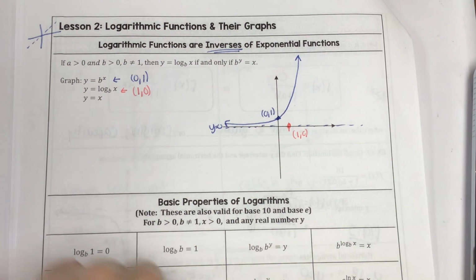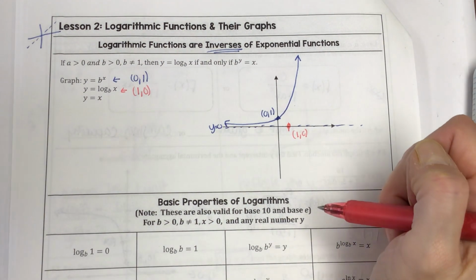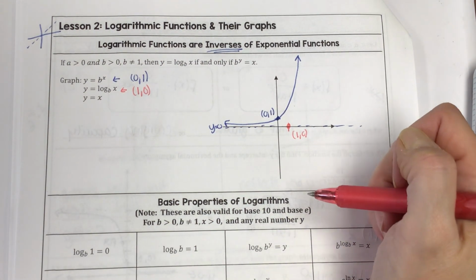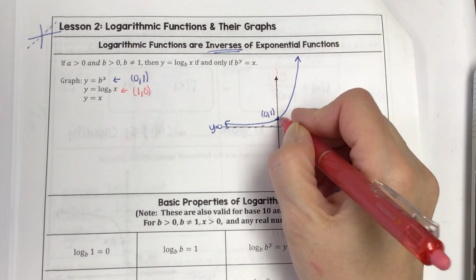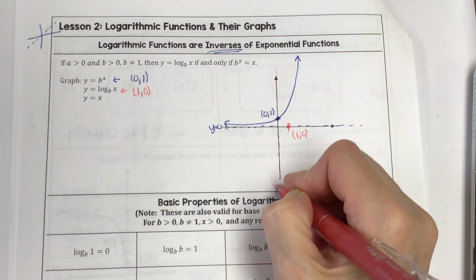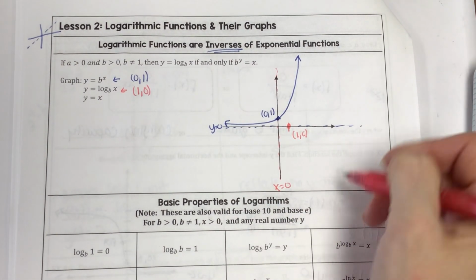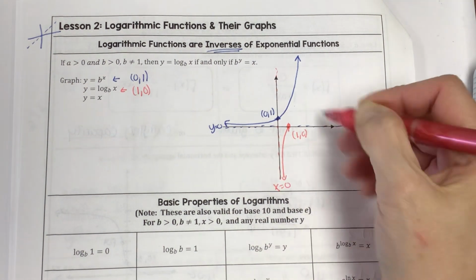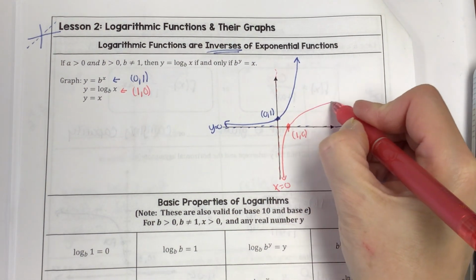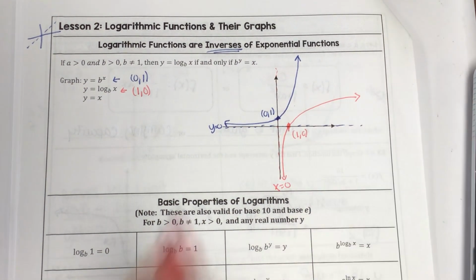So what do we know about a logarithmic function, if you're talking about inverses here? Yeah, you're going to have a vertical asymptote at x equals 0. And so this is going to be approaching that vertical asymptote, and this is going to be going up and to the right.